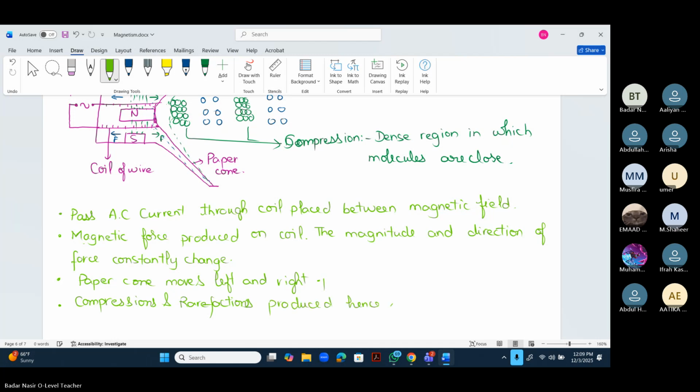Hence, sound is produced. So this is how actually the loudspeaker works.